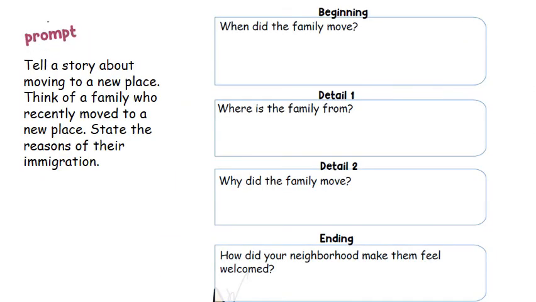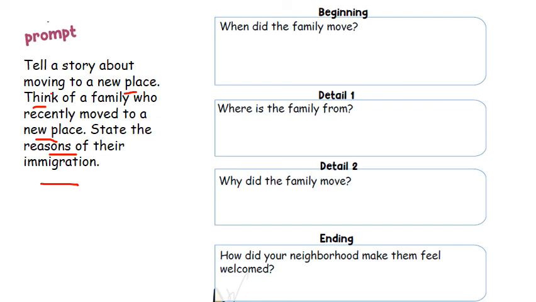We're going to tell a story about moving to a new place. We need to think of a family who recently moved to this new place. And then we're going to say the reasons for their immigration. Keep in mind the lesson that we read, Sailing to America. The family emigrated from Ireland to America because they were looking for a better life, new opportunities, remember?